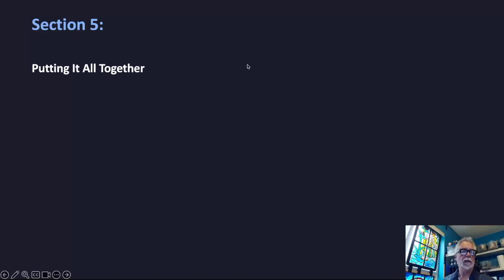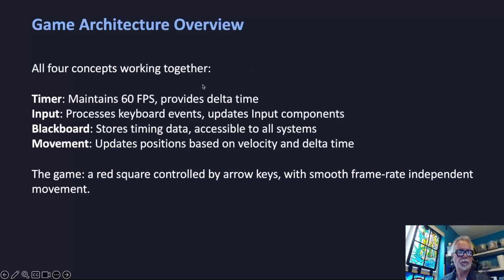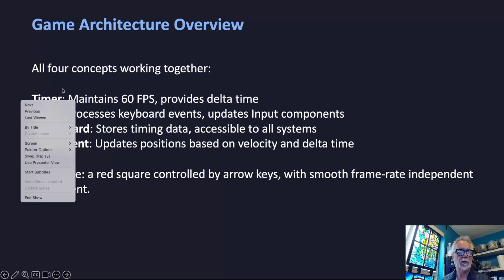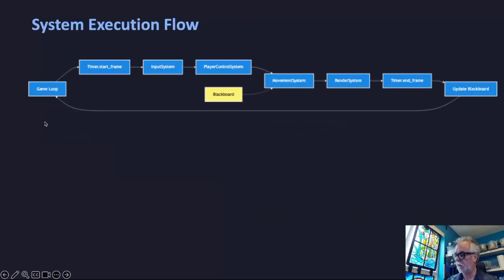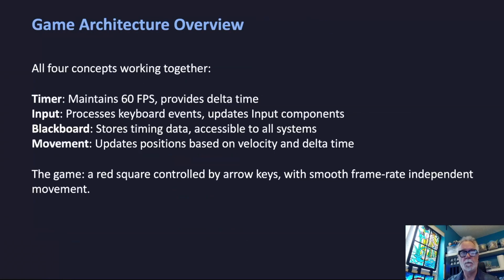Okay, let's see how this all works together, okay? We talked about a timer that allowed us to maintain 60 frames per second. We talked about input. This is a new concept. We basically take keyboard events and we use SDL to update input components. We had a global data store, our blackboard.